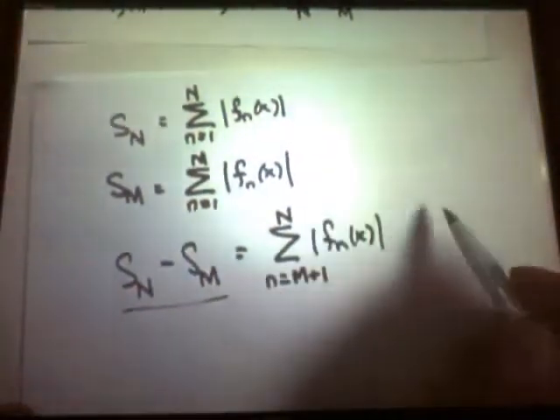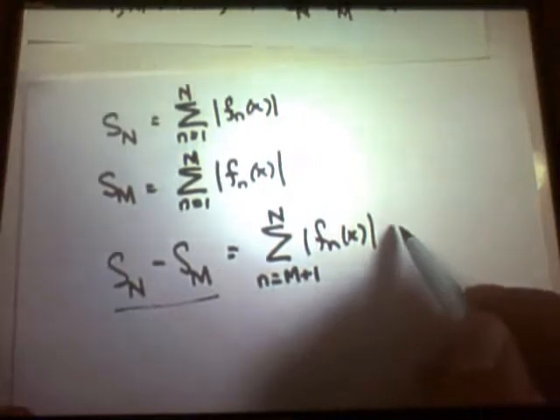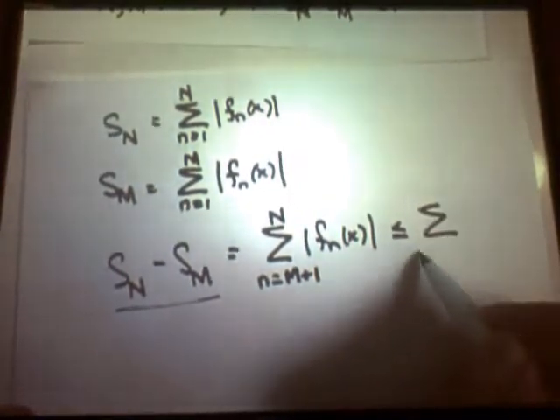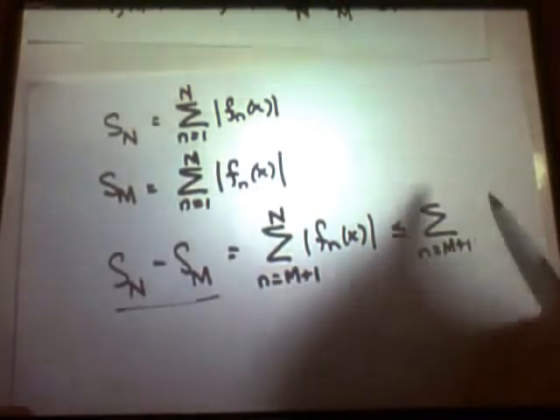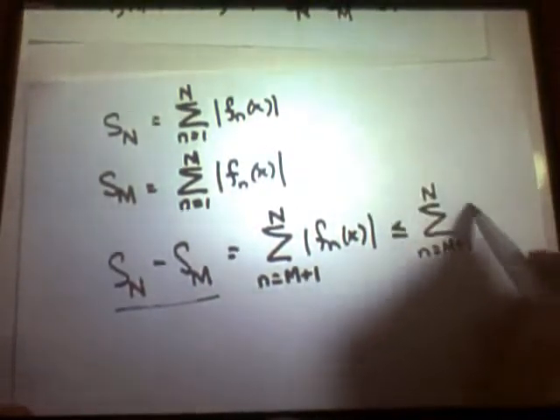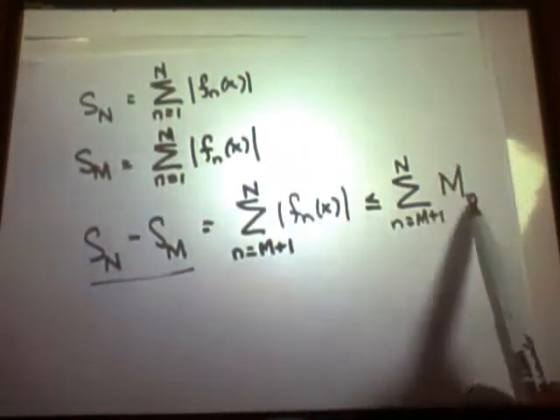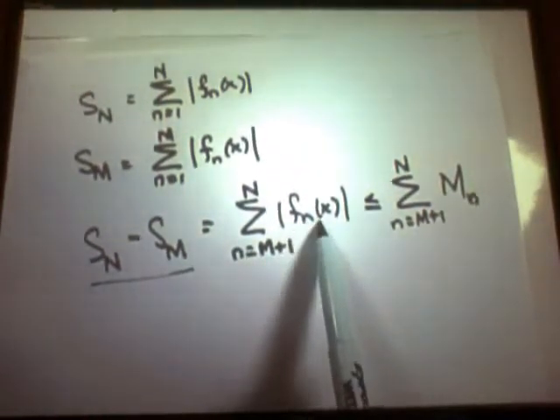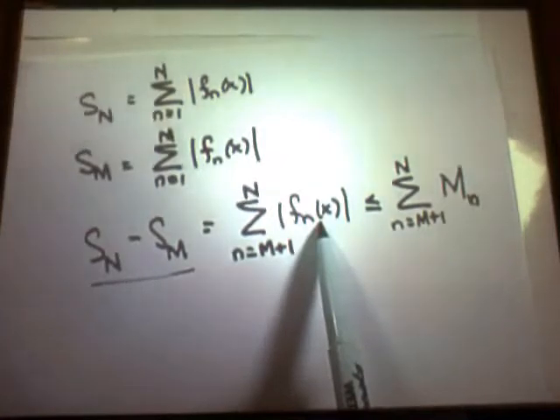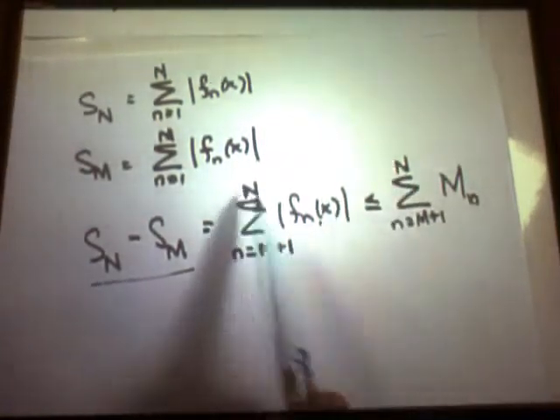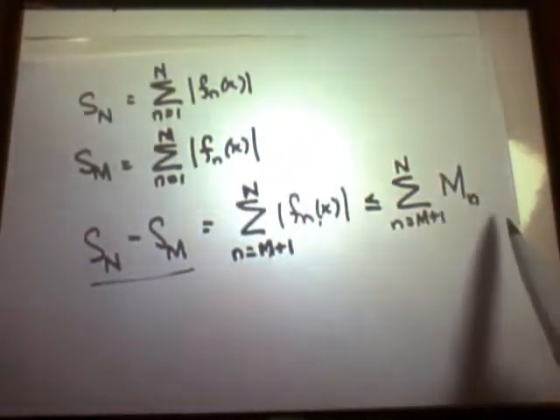So this thing would certainly be less than or equal to the sum from n equals M plus 1 to N of the M_n's. Just one for one. Each one of these is no smaller than its companion over here, right? And we're summing over the same indices, so this is certainly true.